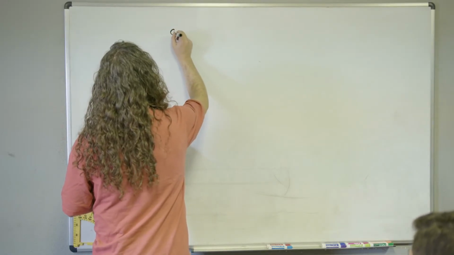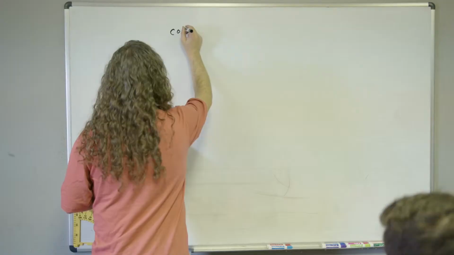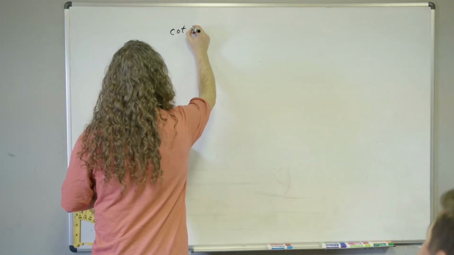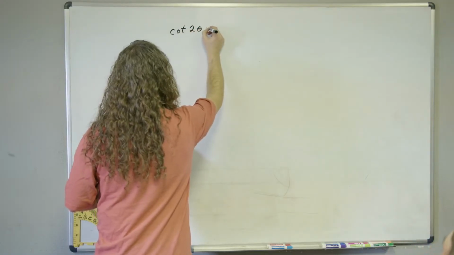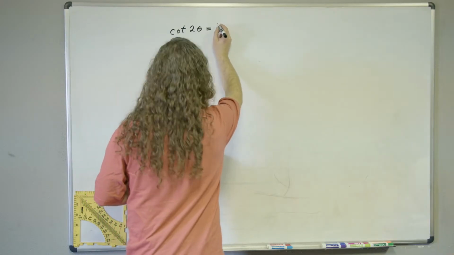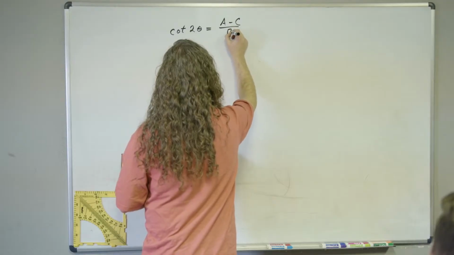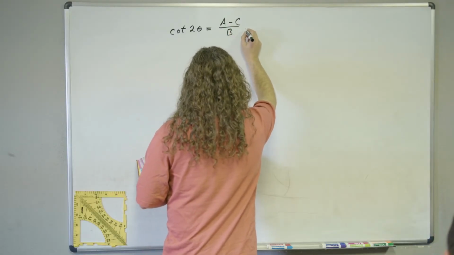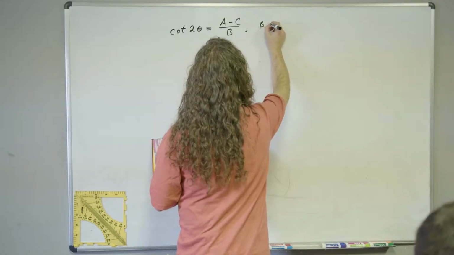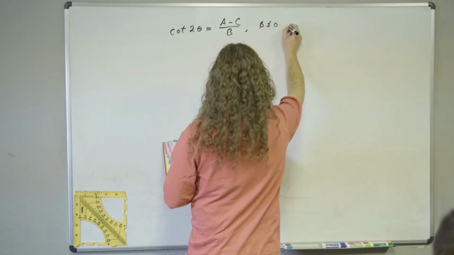Cotangent of 2 theta equals A minus C over B. B obviously cannot be 0.